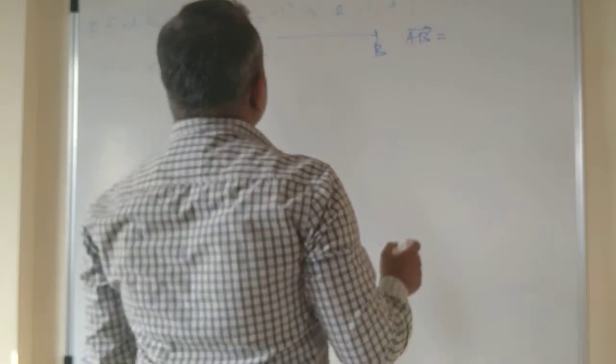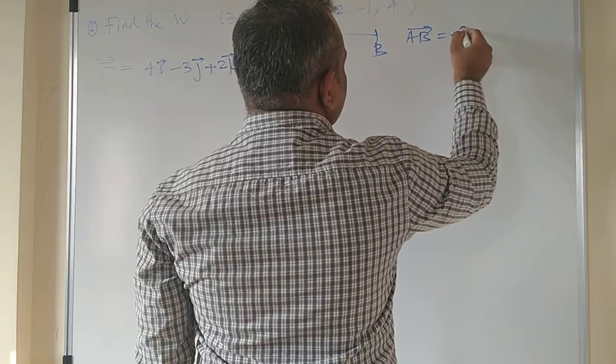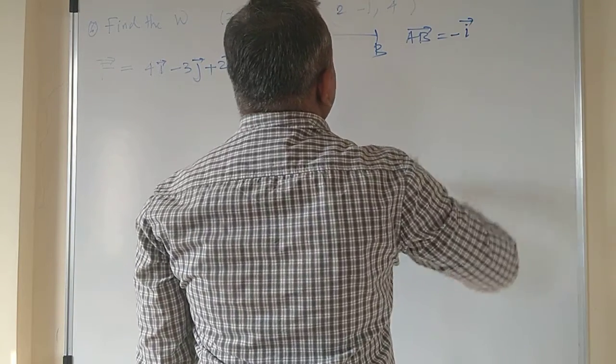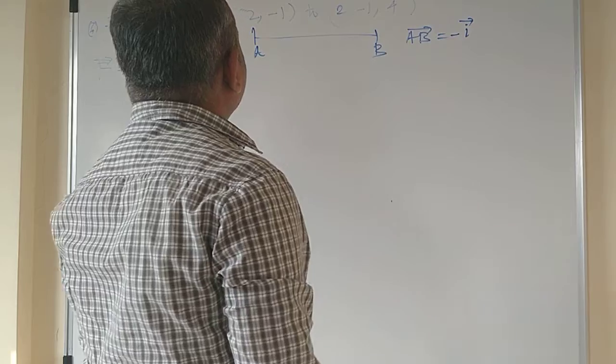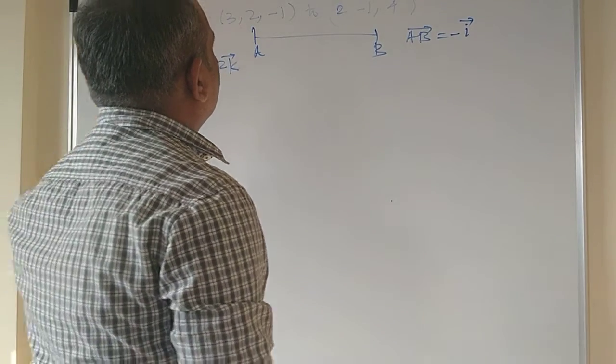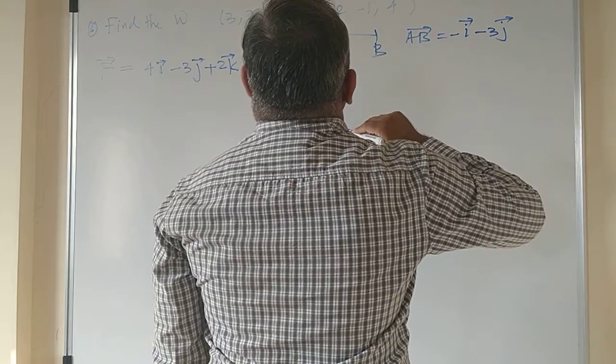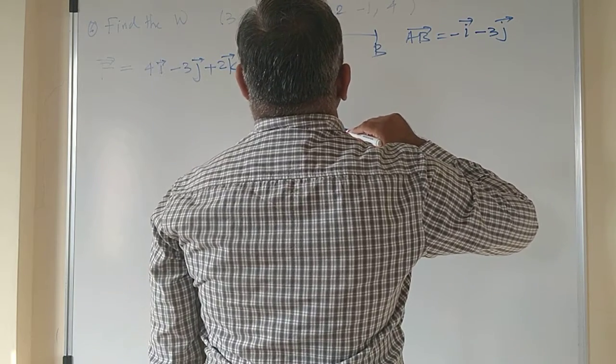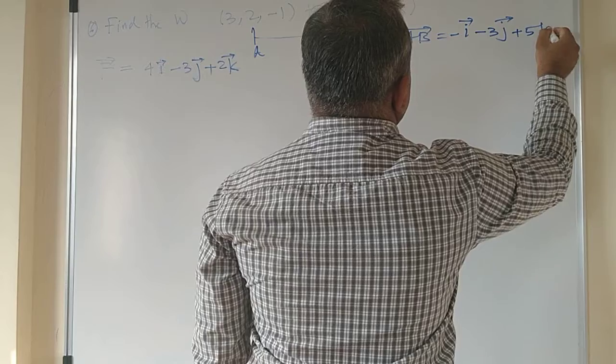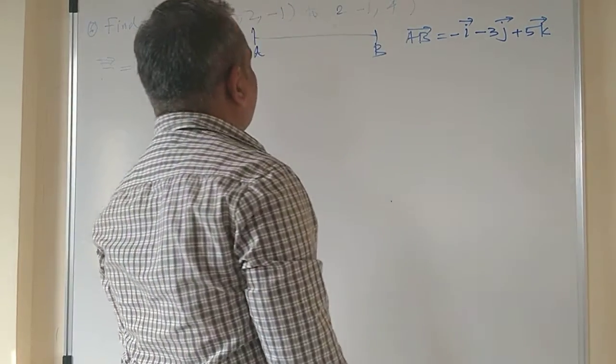So 2 minus 3 is minus 1 i bar, and minus 1 minus 2 is minus 3 j bar, and 4 minus minus 1, that is plus, will be 5 k bar.